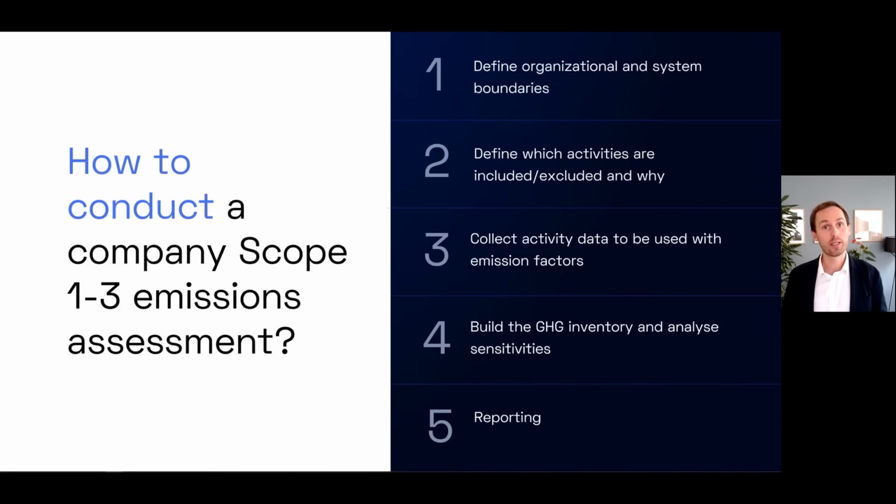But if they are excluded, explain why. Thirdly, you need to collect activity data to be used with emission factors. So just like Evelina explained, what are the activities the company is doing for producing its products and services for the market.